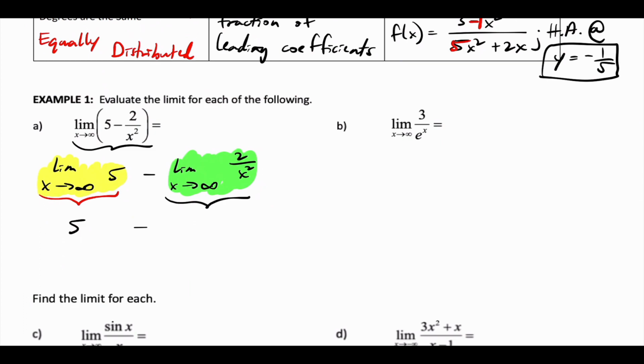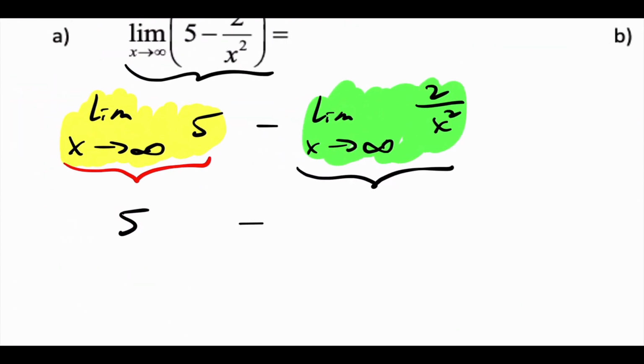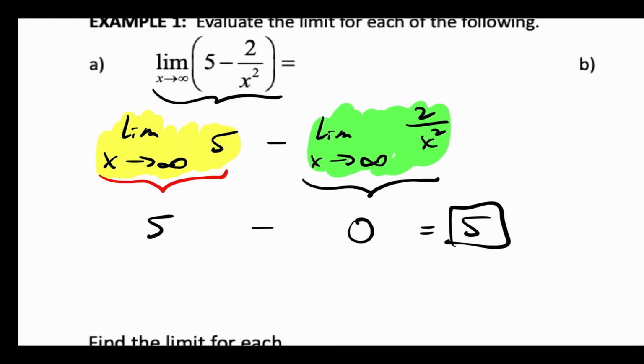The bottom has a degree of 2. What does the top have? A degree of 0. So it's bottom heavy, yeah. What do the rules say for bottom heavy? As x approaches infinity, what's the limit going to be? 0. So this whole guy is equal to 0. And 5 minus 0 is just 5.